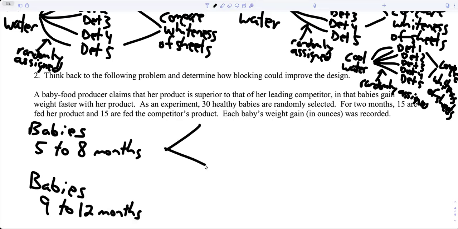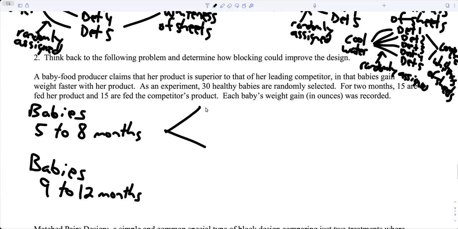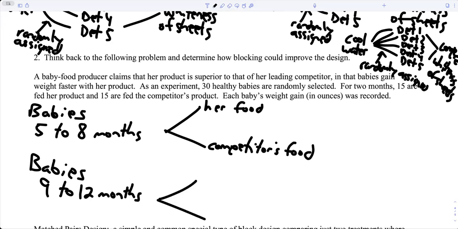And then we are going to assign the treatment, each treatment. So we've got her food. We've got the competitor's food. And we do the same thing for this block.